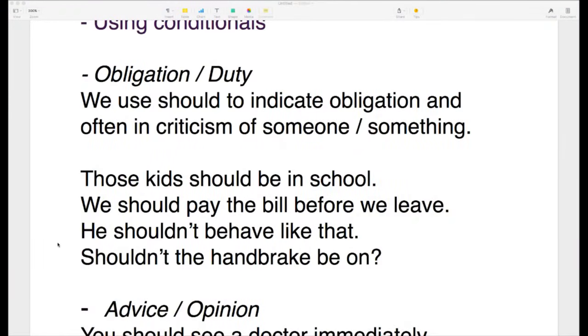The other one I've got written down is, he shouldn't behave like that. So let's imagine we're in a board meeting at work in a company. Everyone is wearing a tie and a suit, looking very, very official. And one man gets very upset, very angry, and he starts shouting, going red in his face.